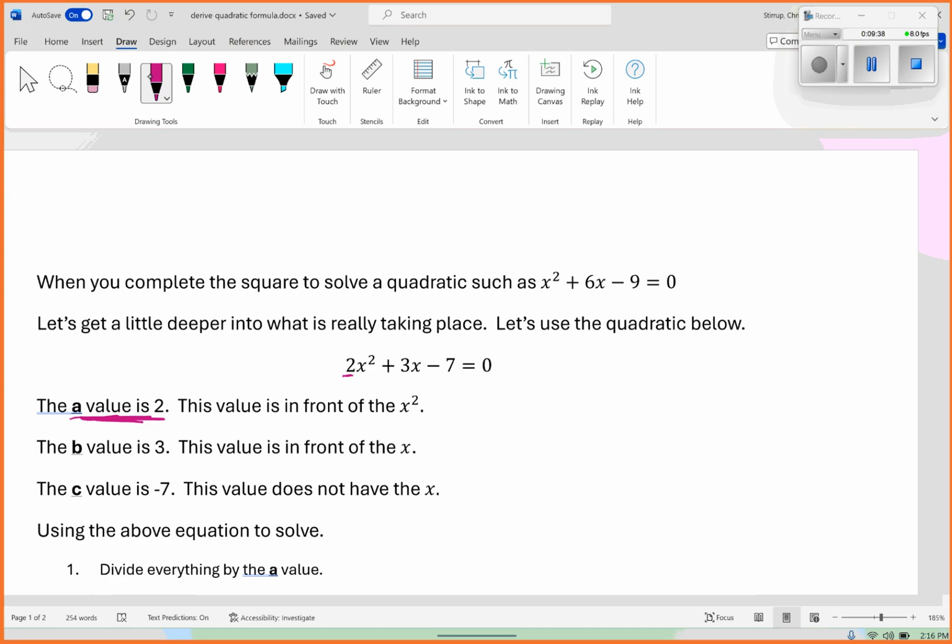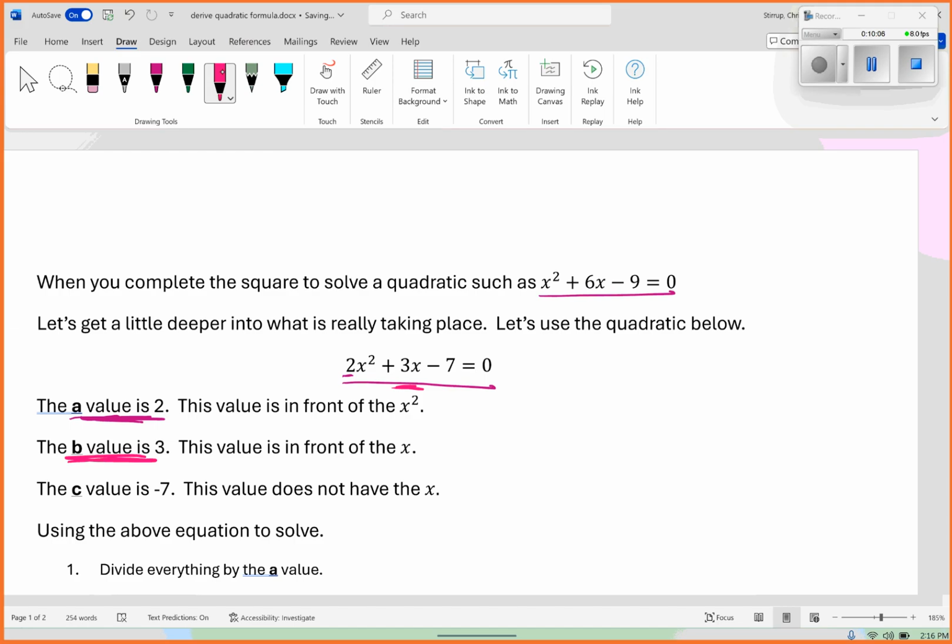All right, so the only thing different between this and this is I have a 2 out in front. We're going to call it the a value. The a value is the number that is in front of x squared. What's the a value on the very top one, x squared plus 6x plus 9? 1. Good. The b value is 3.